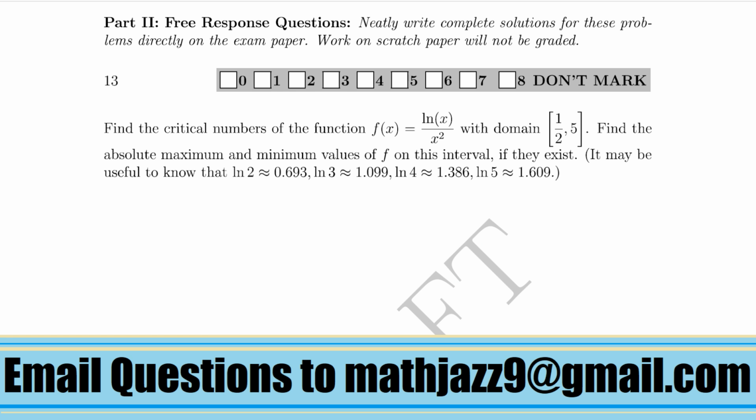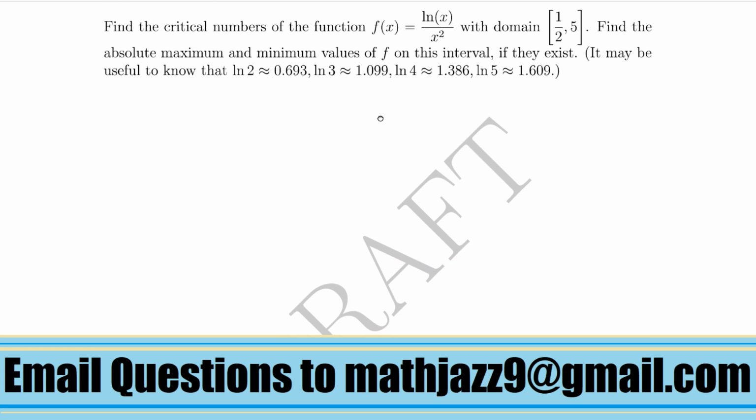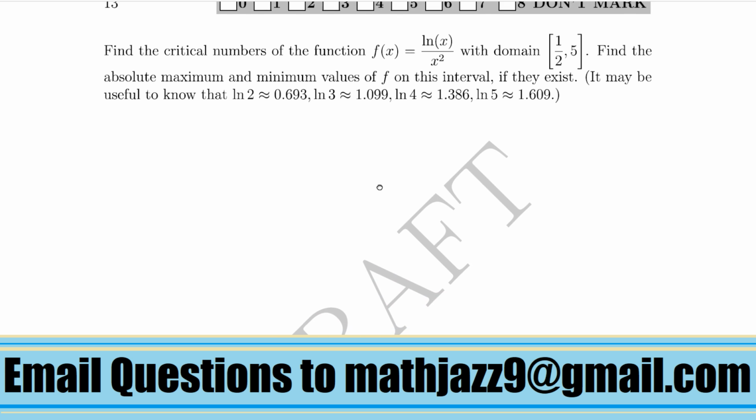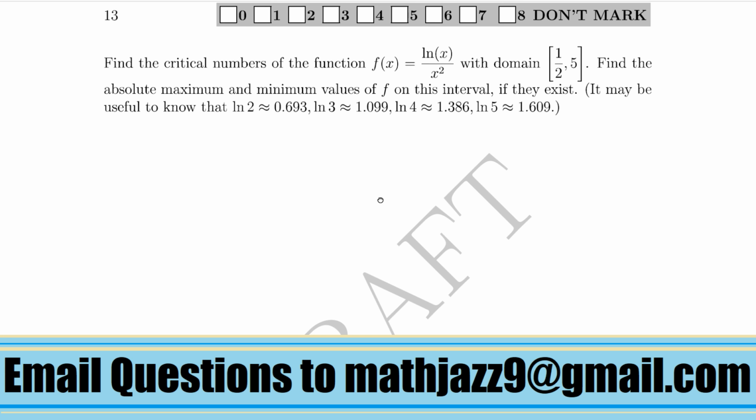We have question 13. They drop an x in the denominator when it should be the denominator squared. This is what we're looking at.